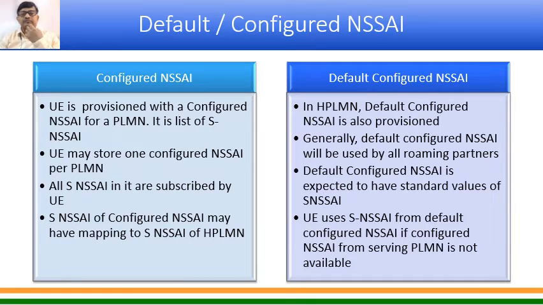Before going forward, let us understand certain definitions, like what is default NSSAI and what is configured NSSAI. Whenever we say NSSAI, basically we refer to a list of network slices. So NSSAI is nothing but a list of S-NSSAIs, that is single NSSAI. So what is configured NSSAI?